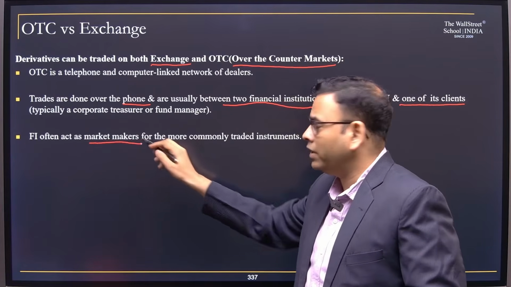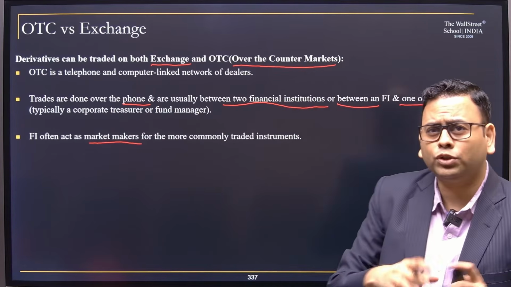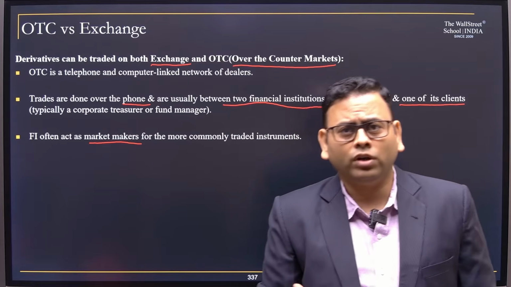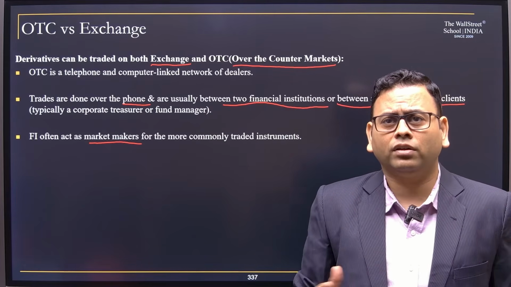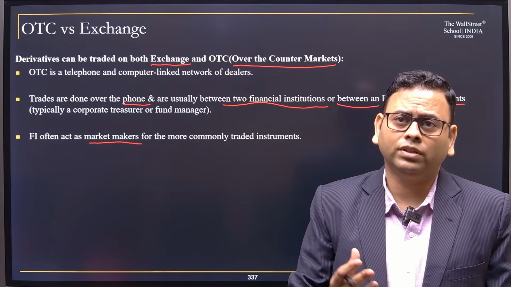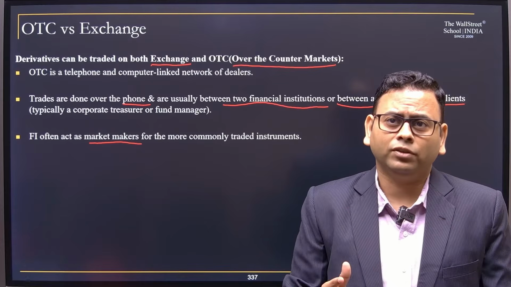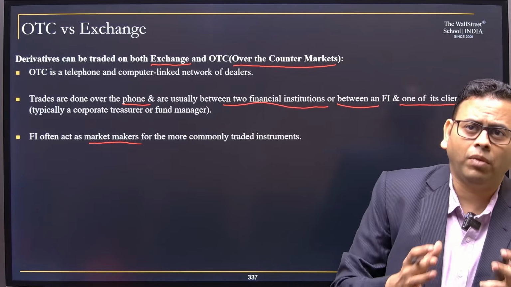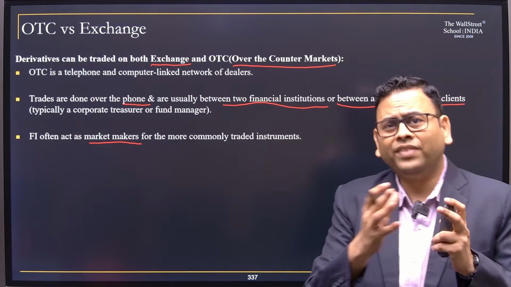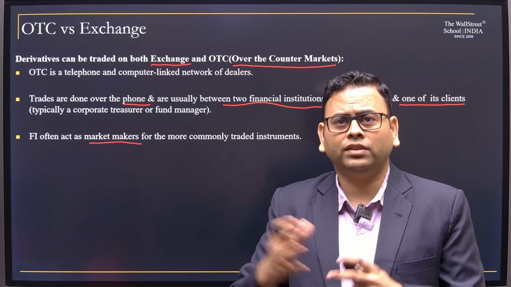Market maker essentially means it is not just Microsoft who is calling, let us say, JP Morgan. There could be a lot of other players who would be dealing with this typical FI. So, FI is essentially a market maker wherein it connects the different buyers and sellers in the market.